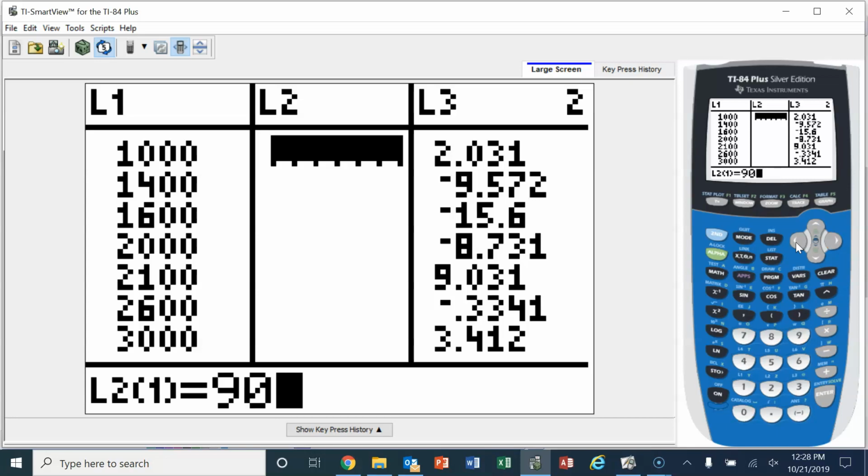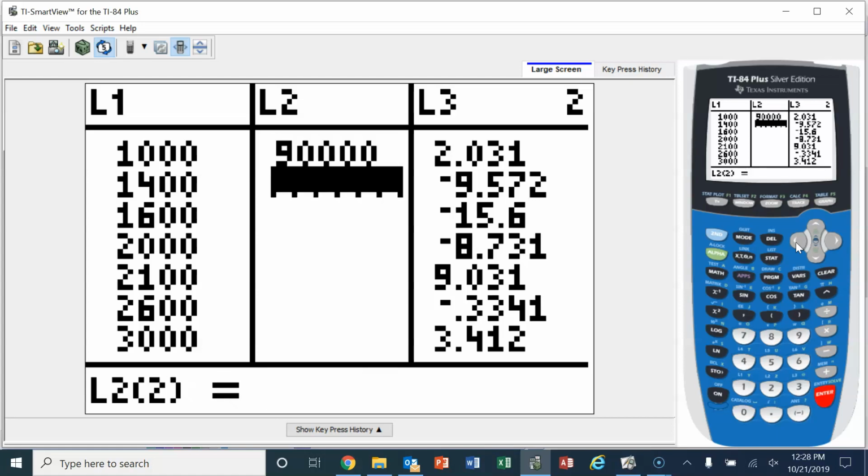Now, no commas, just type in the numbers. Do not put a decimal. Those are not decimals. Okay, those are commas, but you don't type commas in on the calculator.